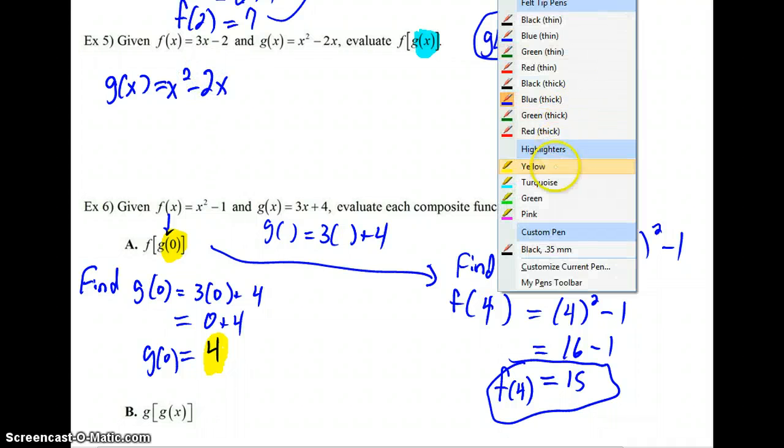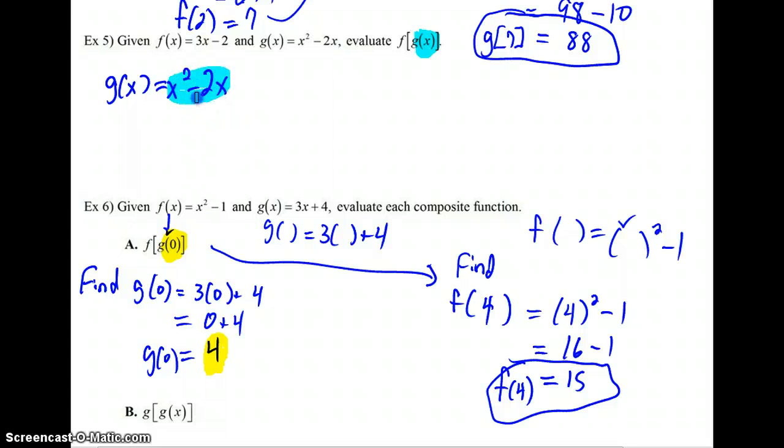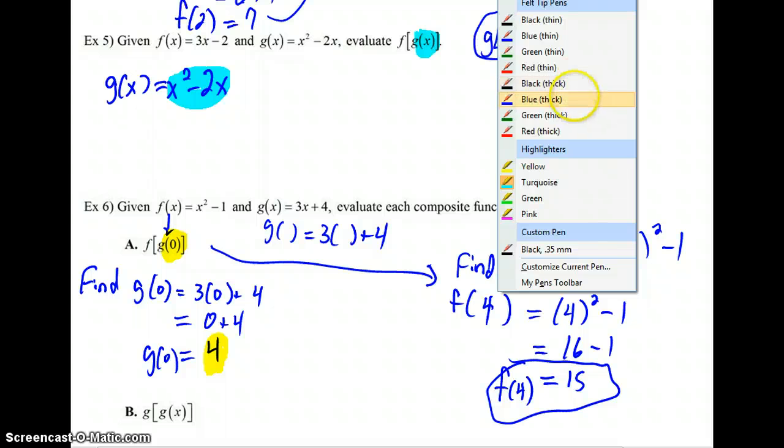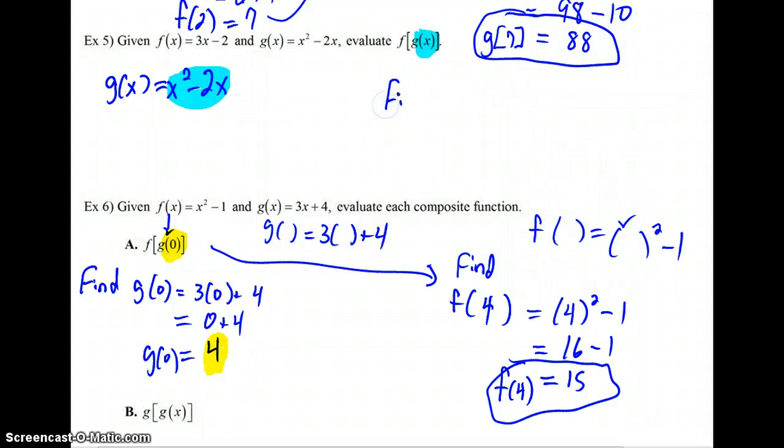G of x is very simply x squared minus 2x. So what we're really going to have to do is find f of x squared minus 2x. That might look a little funny at first, but g of x is not a single number like we've had before. It's the expression x squared minus 2x.